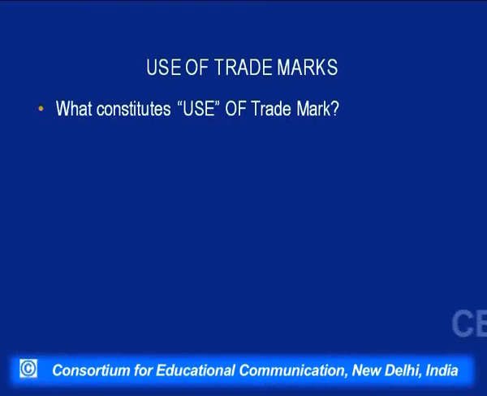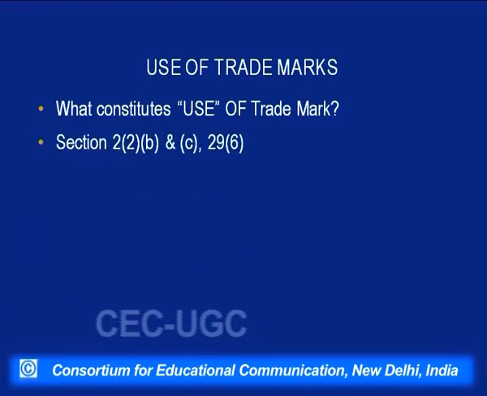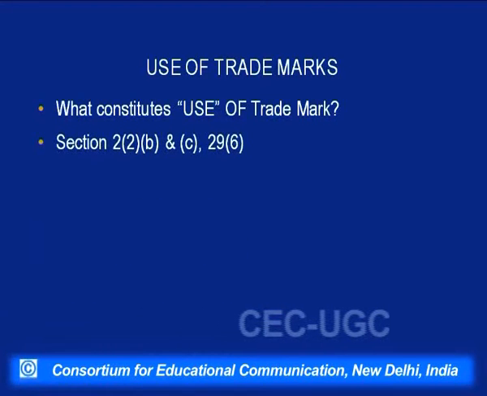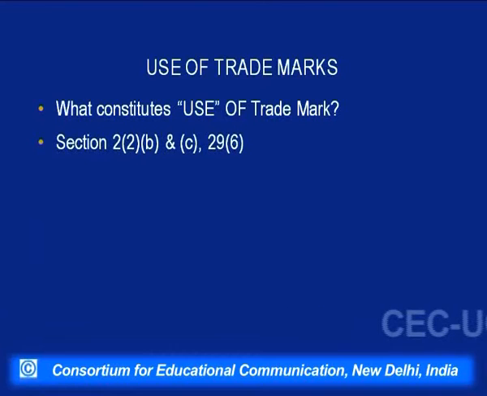Let us see where this word use of a trademark has been made a mandate in the Trademarks Act 1999. When it comes to use, the question comes, what constitutes use of a trademark? What are the sections that cover use of a trademark?